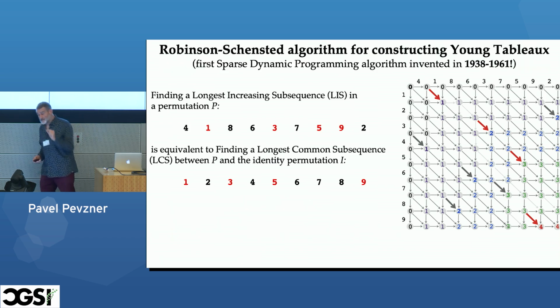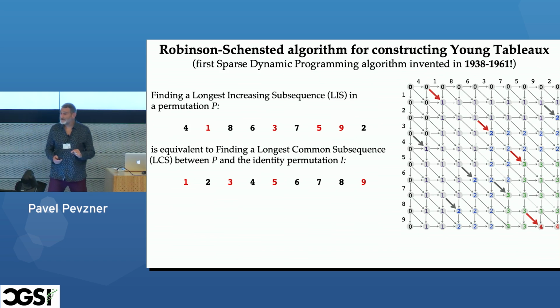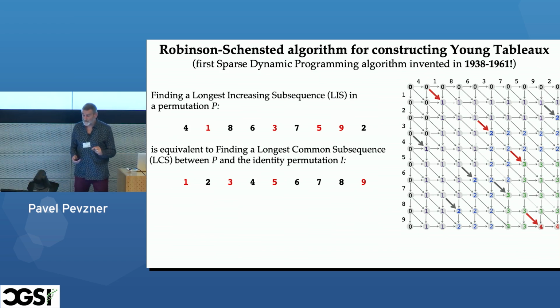And you may think that dynamic programming for sequence alignment was invented by Needleman-Wunsch, but that's not quite right. A much more sophisticated algorithm was actually invented in 1938 by Robinson, but was too complicated. So it was turned into a beautiful algorithm by Schensted in 1961, well before Needleman and Wunsch.